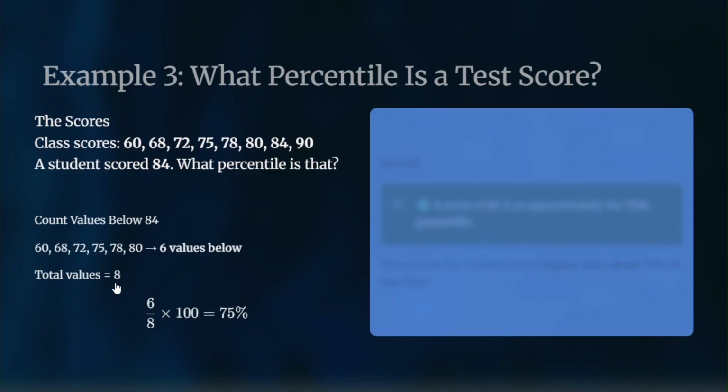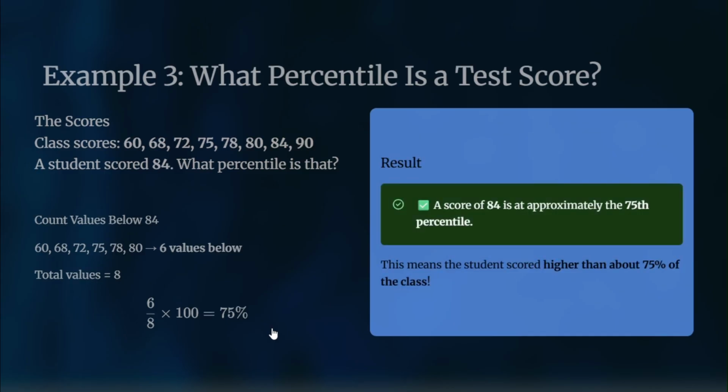So using our formula, that will be 6 values over 8 values total times 100%, and that will be 75%. In other words, a score of 84 is at approximately the 75th percentile. This means that the student scored higher than about 75% of the class, which is a strong performance. Percentiles give context to raw scores, showing where you stand relative to everyone else.